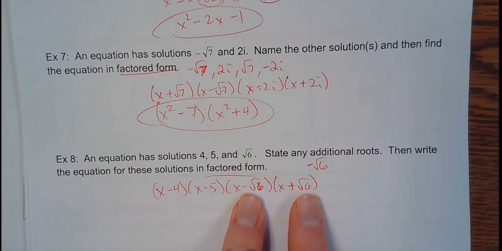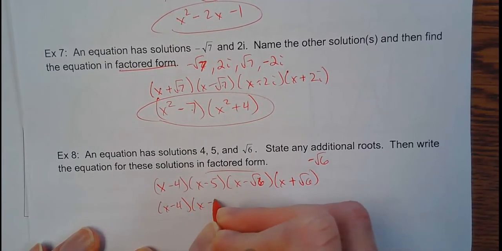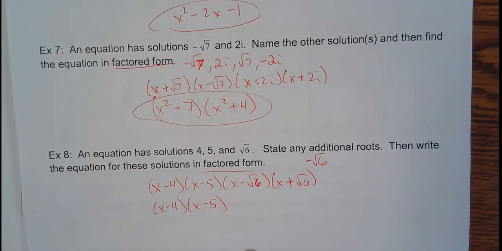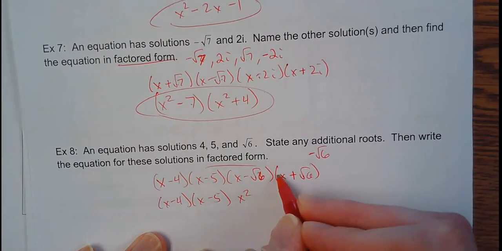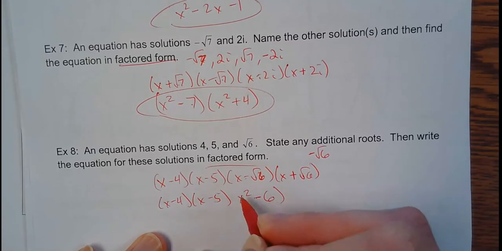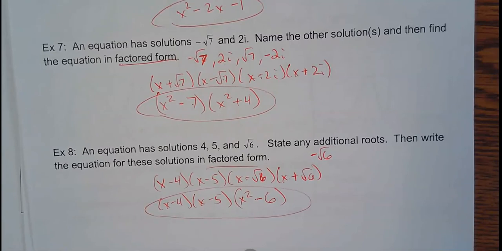We don't want any radicals left in our answer, so I'm going to have x minus 4, that's fine. X minus 5 is fine. Now multiply these together. Again, outer plus inner are going to cancel each other out. So I just got x times x is x squared. Outer plus inner is gone. Minus, and then radical 6 times radical 6 is 6. So that would be the factored form right there.